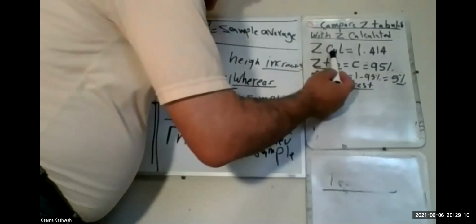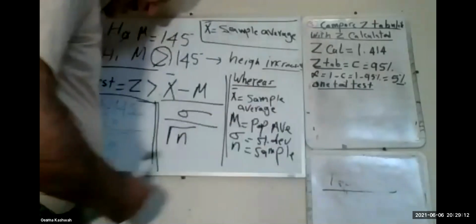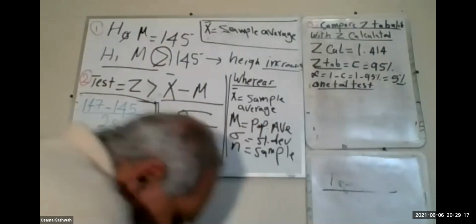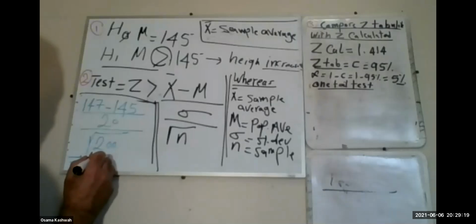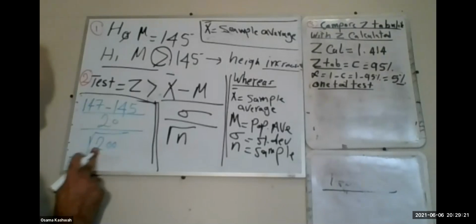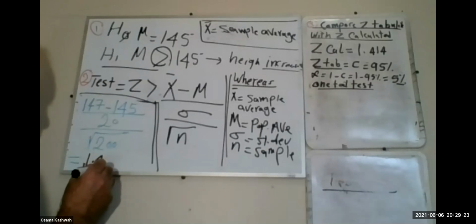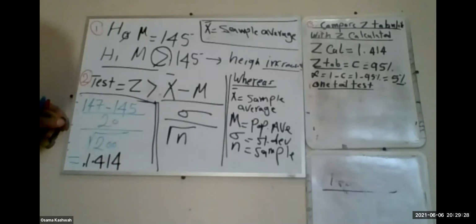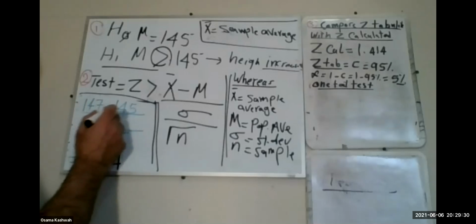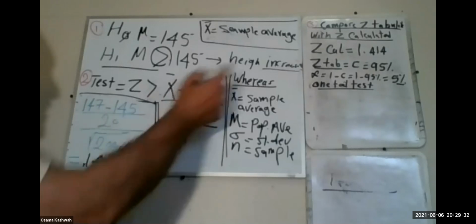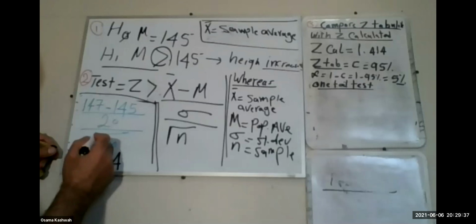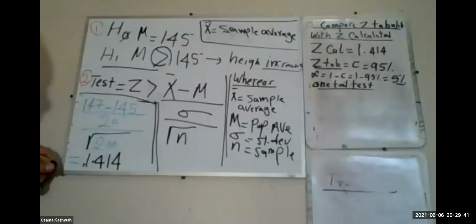Okay, Z calculated, I got it. It's here: 1.414. I got it by applying the equation: 147 minus 145, divided by the sample standard deviation 20, divided by the square root of 200.